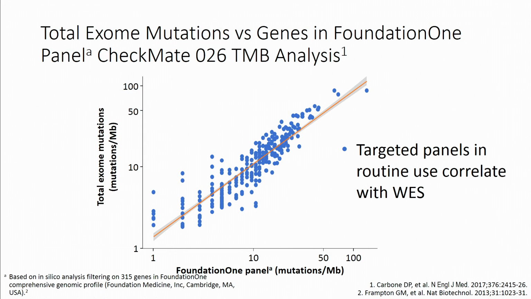There's now increasing data looking at correlation of targeted panel data, such as this Foundation Medicine analysis showing a good correlation between targeted panel and whole exome sequencing. So I think we can to some extent move to targeted panels for clinical trials in a practical way. But keep in mind that the targeted panels don't give you all the information that you need.